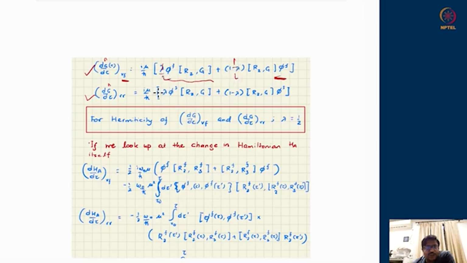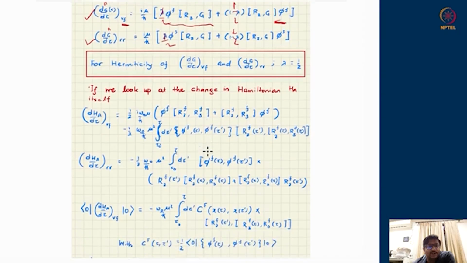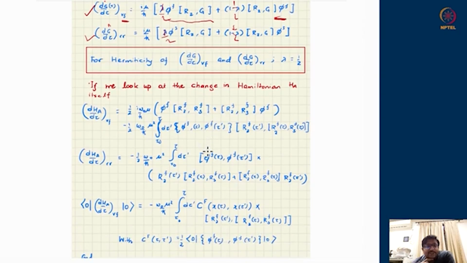This gives you a good description of how a field operator, or rather an atomic operator, would change its character due to interaction with the field itself. For instance, if I want to write down the change in the atom's Hamiltonian completely, it will be obtained from these two terms.